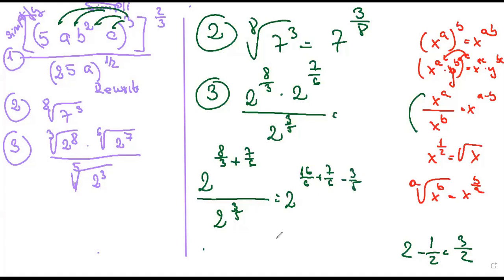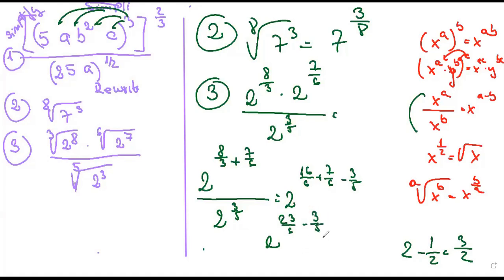So it's 2 to the power of 16 plus 7 is 23 over 6, minus 3 over 5.